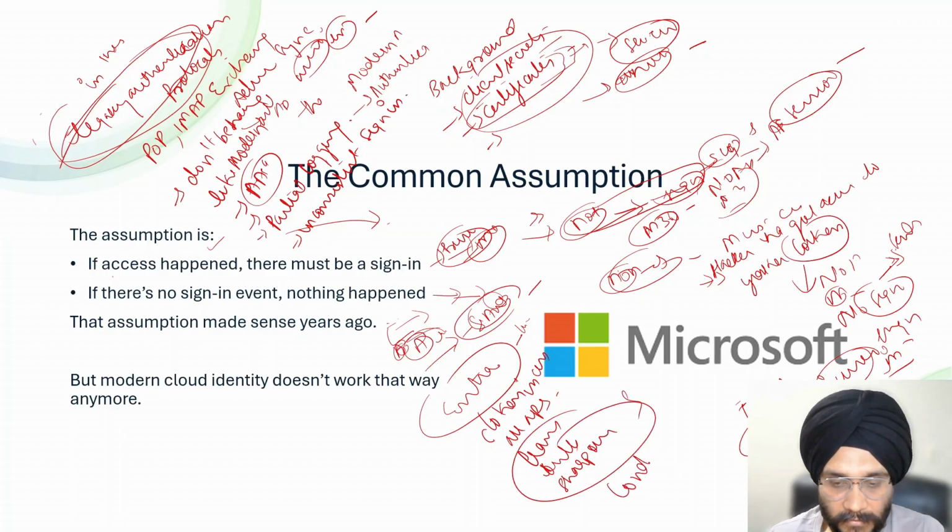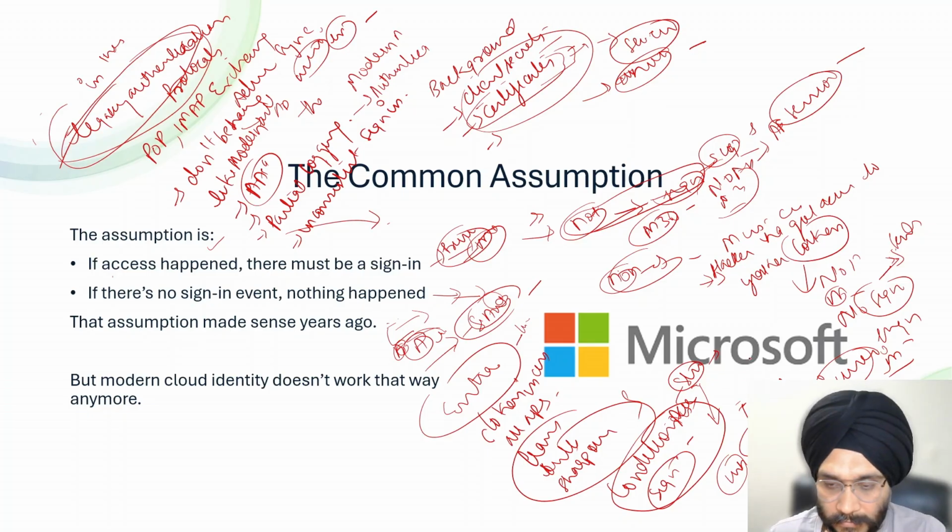Conditional access is evaluated at the time of sign-in only. Once sign-in is done, it does not evaluate what's going on. So the access token is issued, the user can access other applications, and there are no new user sign-in logs because the user is not logging in.